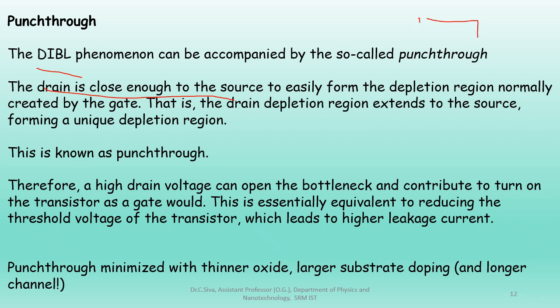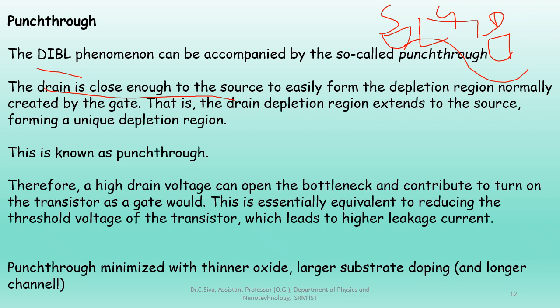The gate will not have any control from source to the drain. Without any control, it flows, increasing the leakage current and reducing the threshold voltage.